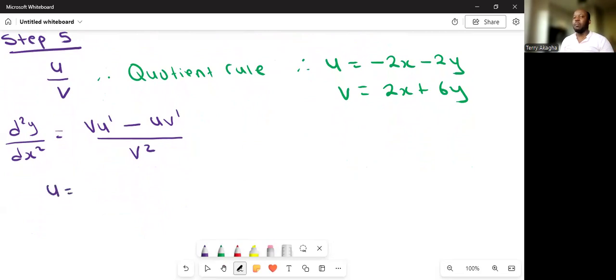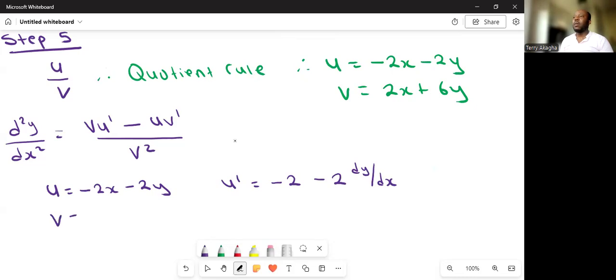So we've agreed that u is minus 2x minus 2y. To find u prime, you differentiate this. As usual, anytime you differentiate x, you differentiate it normally. So differentiating minus 2x gives minus 2. Differentiating minus 2y also gives minus 2, but anytime you differentiate y, you add dy over dx.